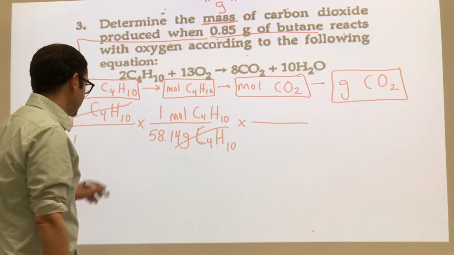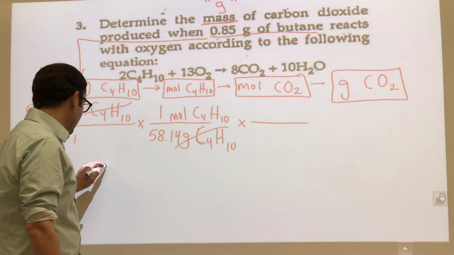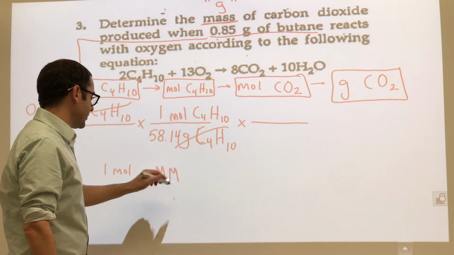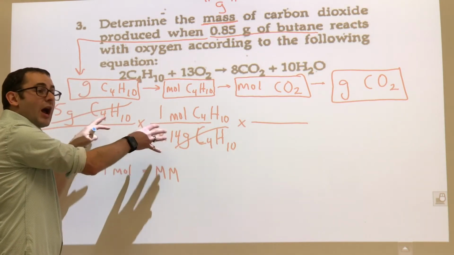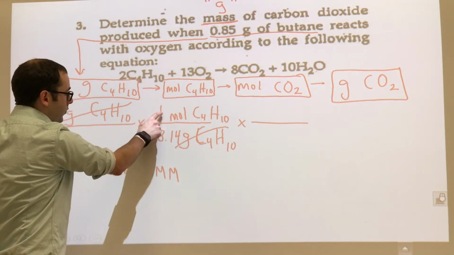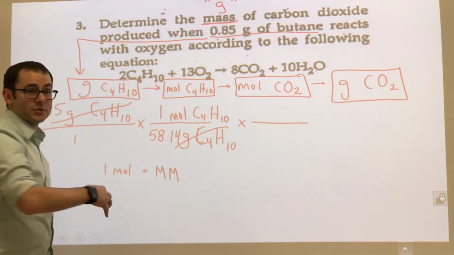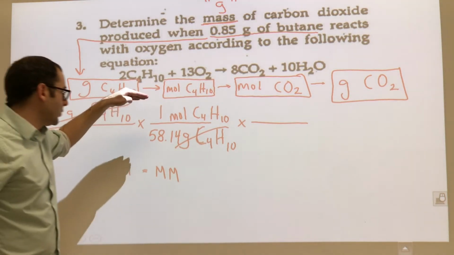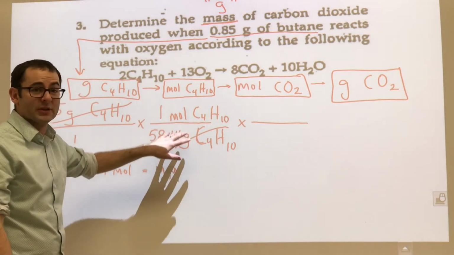Yeah, Scotty? Because 1 mole equals mole mass. Yeah, exactly. Remember the mole flow chart? It was 1 mole equals a molecular mass. So this part's last chapter, right? So you can't change what we learned last chapter. This is always going to be 1 mole and then the grams, all right? Whenever you have moles in something different, it's going to be 1 mole and then whatever the something different is.